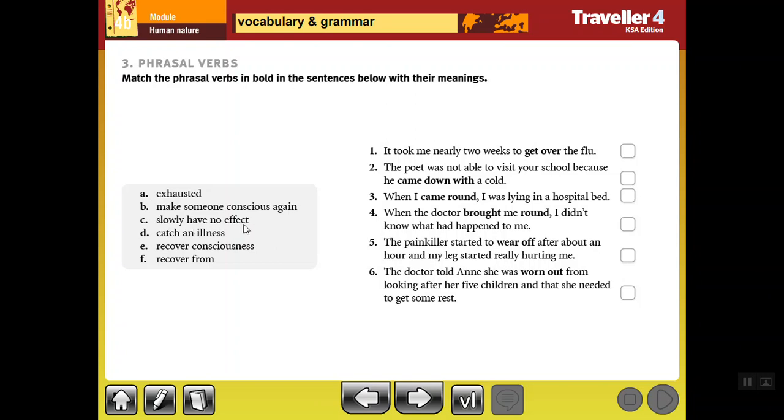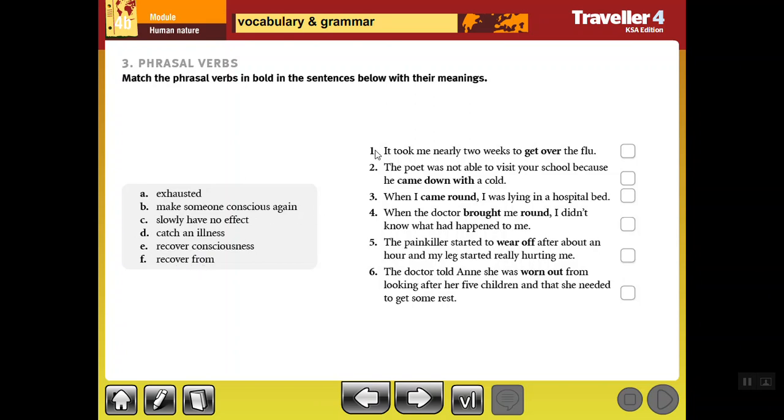Catch an illness. People catch illnesses. Recover consciousness. Somebody fainted, and after some time he recovered consciousness. He became aware again. Recover from or get over.